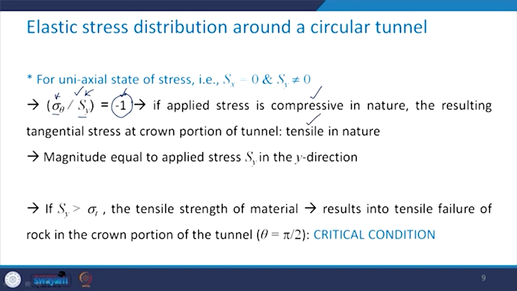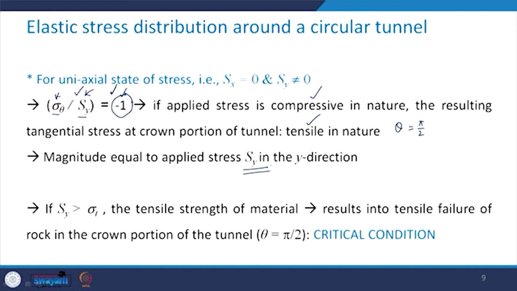And we are talking about the tangential stress at the crown portion, because this was the value at theta equal to 90 degree or pi by 2. Its magnitude at this location would be equal to the applied stress Sy, which is in the y direction.